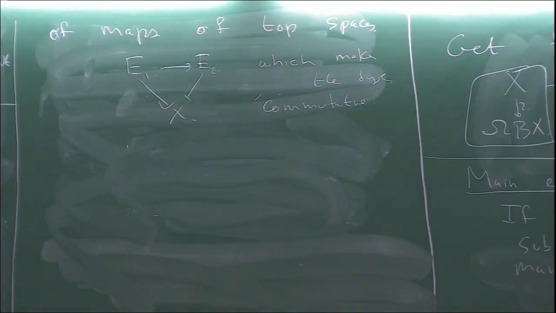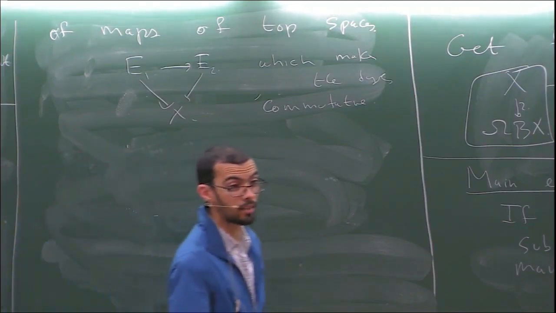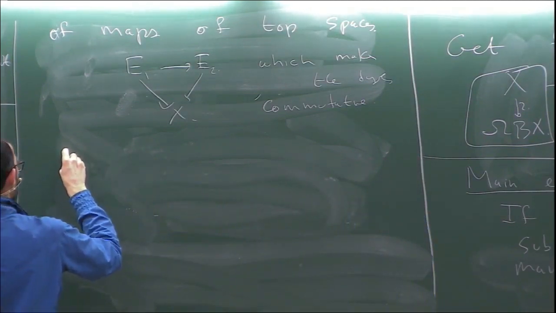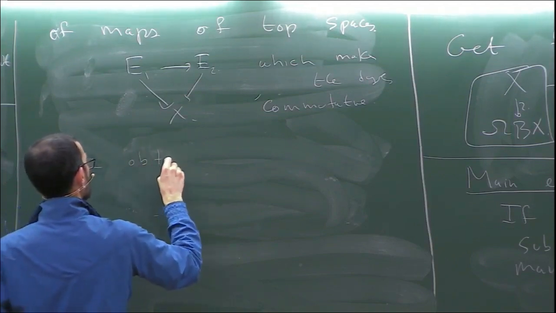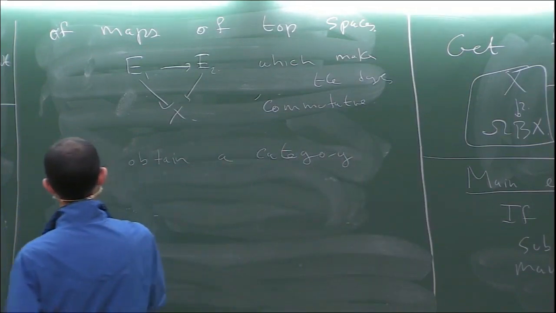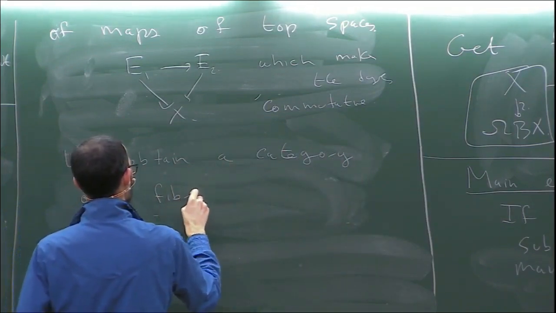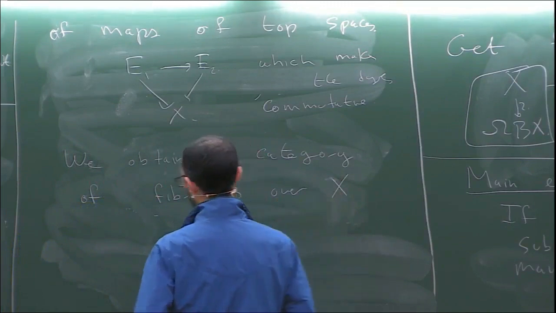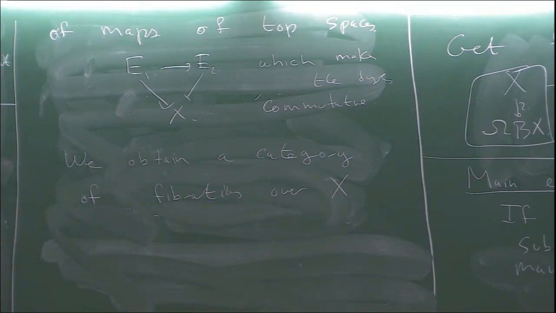Basically, you have a map f such that the projection of f of E1 to X is equal to the projection of E1. That's just what it means. Well, this means you have a category, a category of such spaces. And I claim that there is a canonical object in this category, which is the path space.